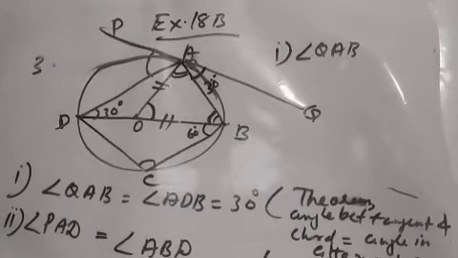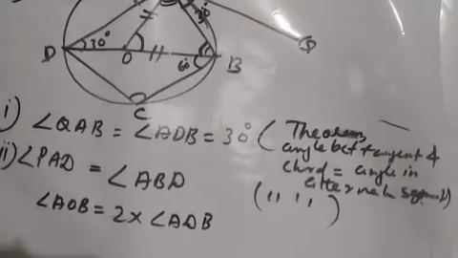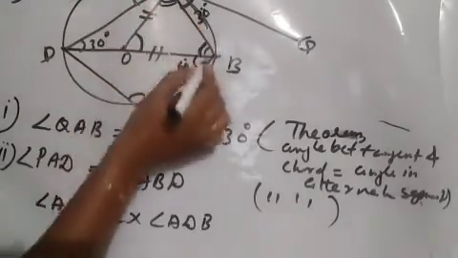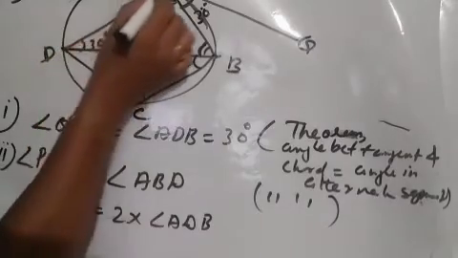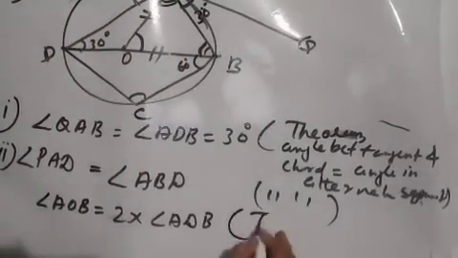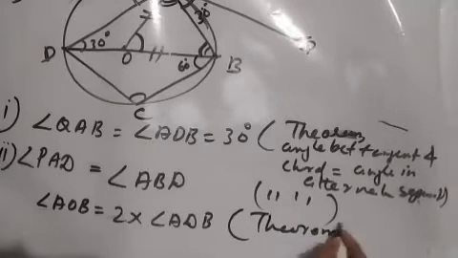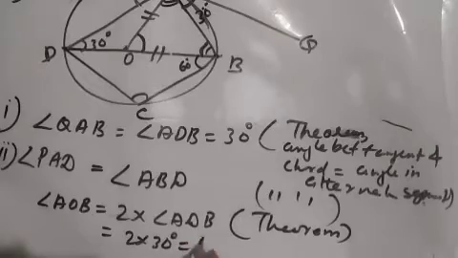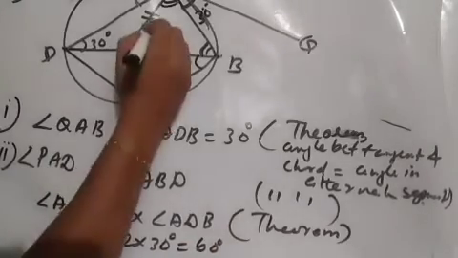That theorem you learned in chapter circles. Central angle or angle subtended by arc AB at the center is twice that of the angle in the remaining part of the circumference, by the theorem. So that is equal to 2 into 30 degree. It's 60 degree. So here it is 60.